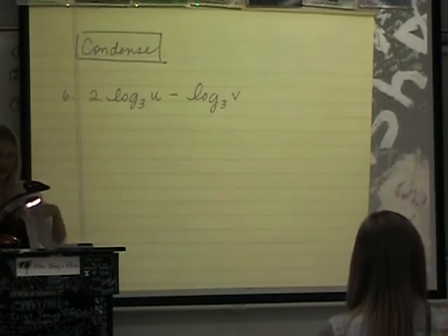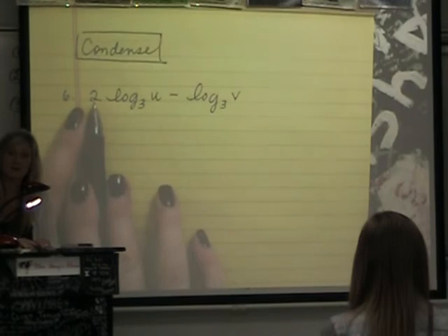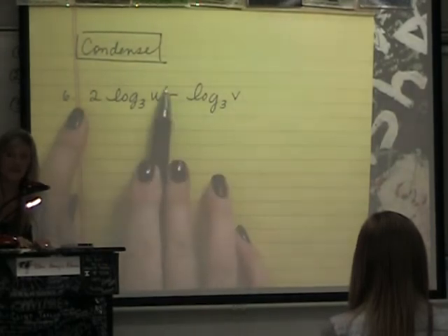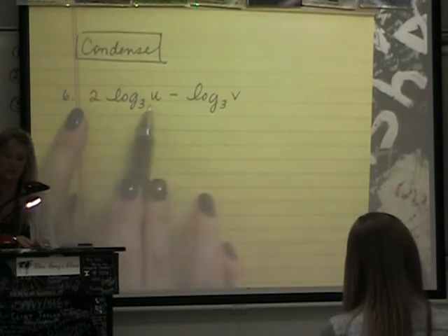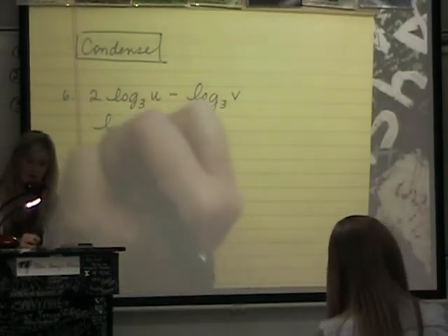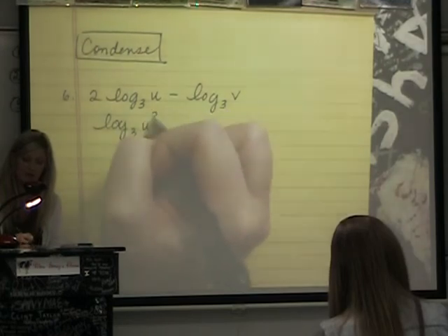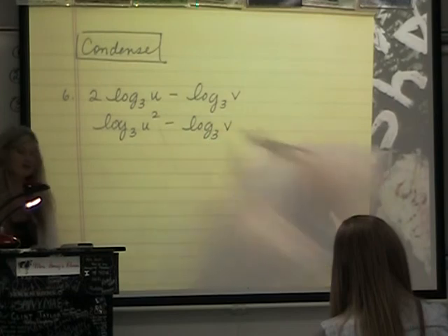So we're thinking about these properties in reverse. On this example, the first thing I'm going to do is move the 2 up to the exponent on the u only, because the only thing being multiplied to is the log base 3 of u. So it's going to look like log base 3 of u squared minus log base 3 of v.